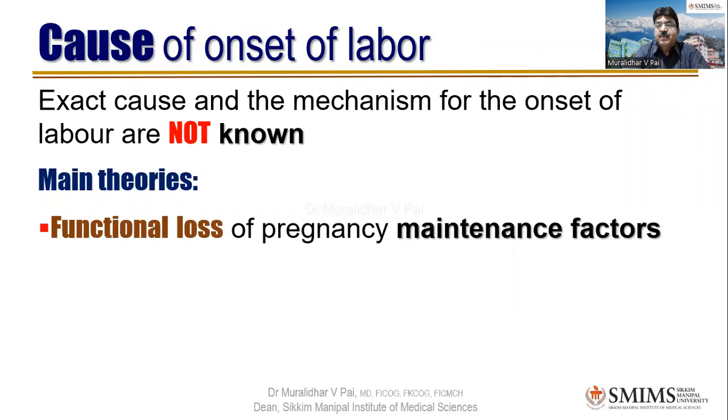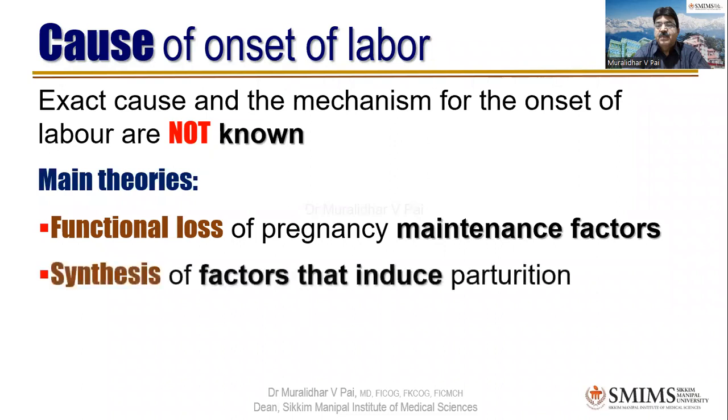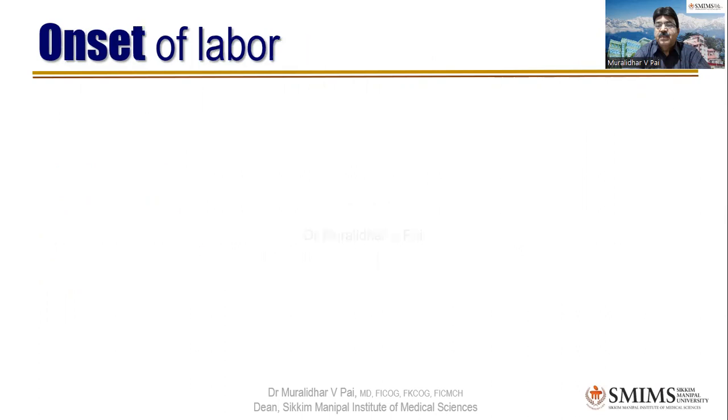The factors that maintain pregnancy lose their functionality, and that's why there is initiation of labor, is one theory. The other theory is synthesis of factors that induce parturition. The factors that were maintaining lose their function, whereas new factors are synthesized that will actually induce labor or parturition. So these are the two main theories. Let's see into these two theories in the subsequent slides.